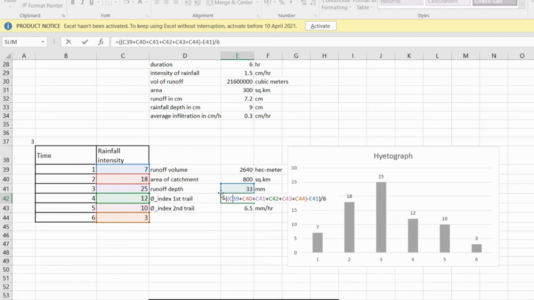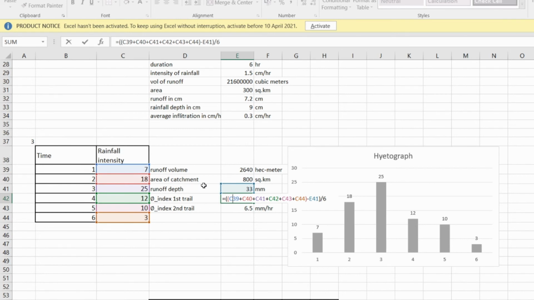Now let us calculate the rainfall in the first 1 hour. What is the total rainfall that has happened in the first 1 hour? It is 7 mm per hour multiplied by 1, which is 7 mm itself.